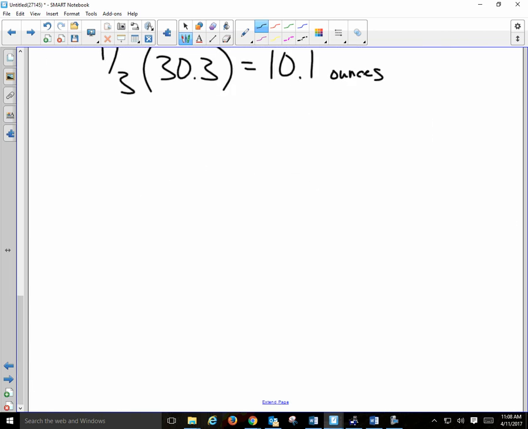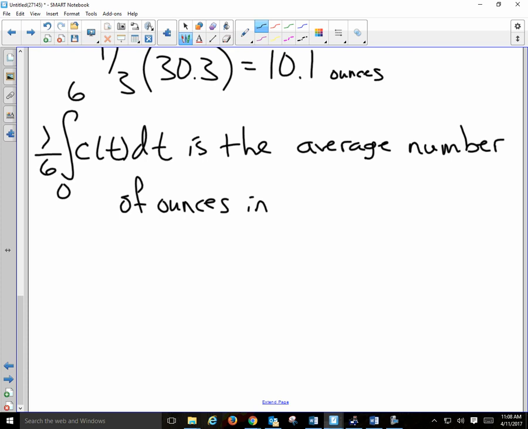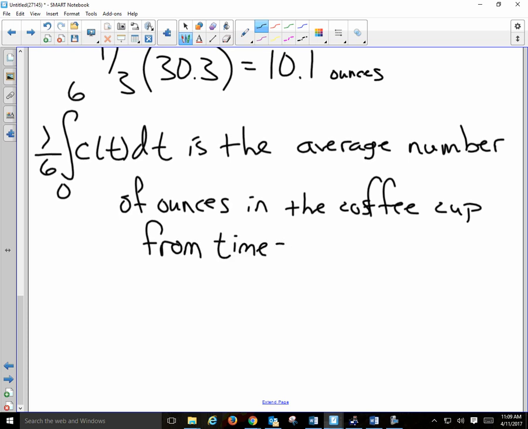So let's describe what that means. The integral from 0 to 6 of 1 over 6 C of t dt is the average number of ounces in the coffee cup from time equals 0 minutes to time equals 6 minutes.